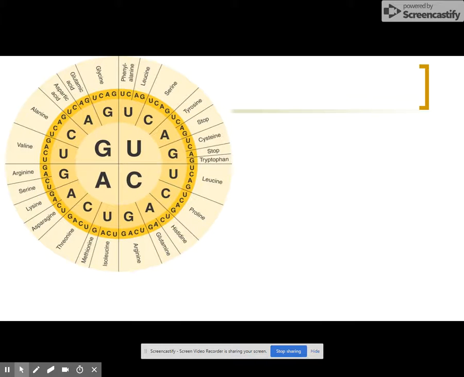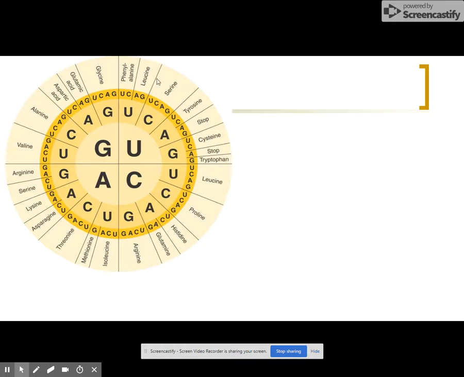All right, so what we have here is the wheel of codons. And how you use this is you start in the middle and you work your way out. For example, one of those codons was AUG. Let's see what that does. AUG, methionine. There we go. So this is an amino acid right here.